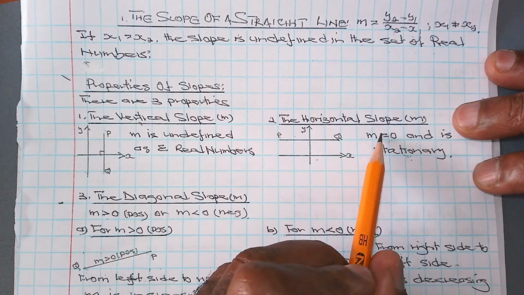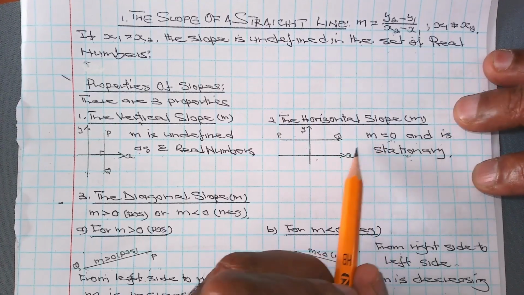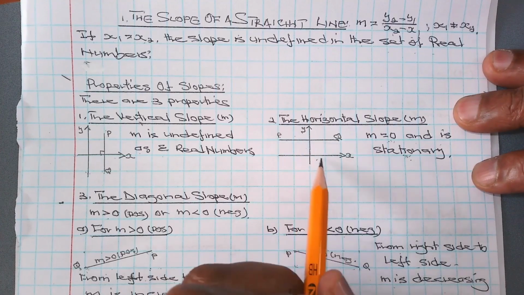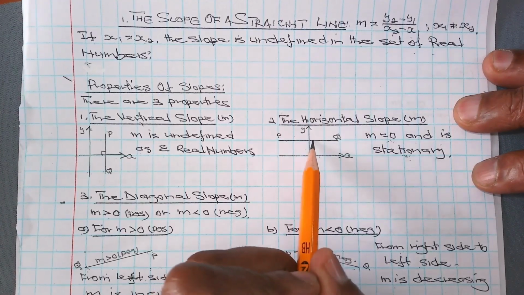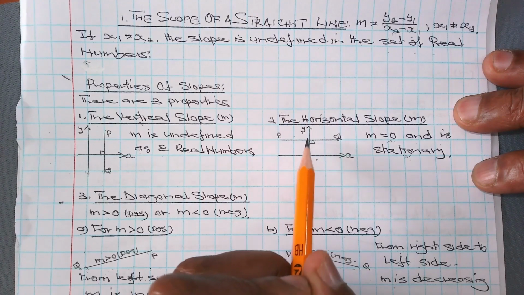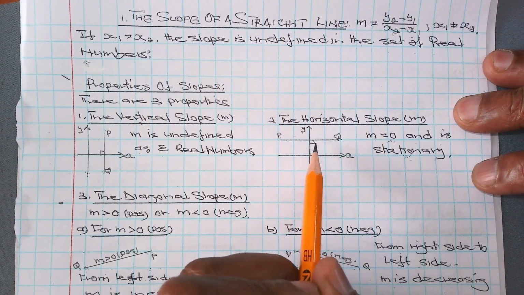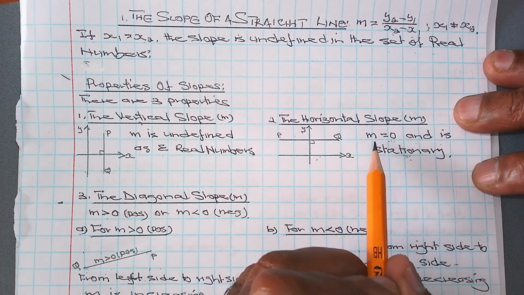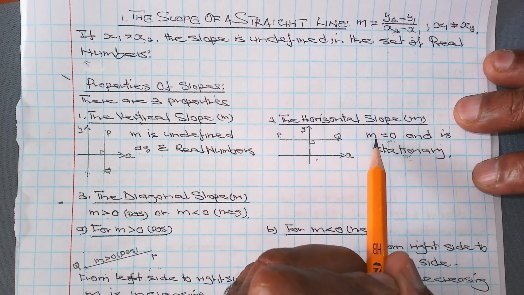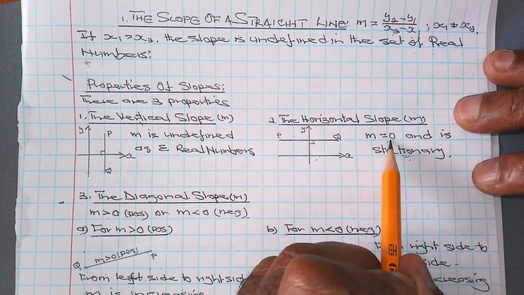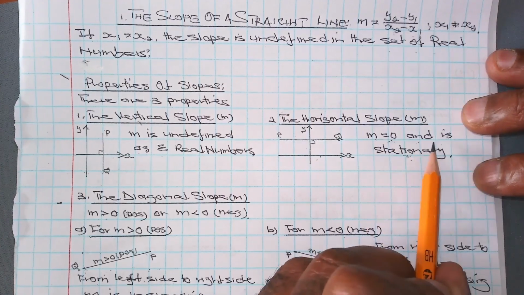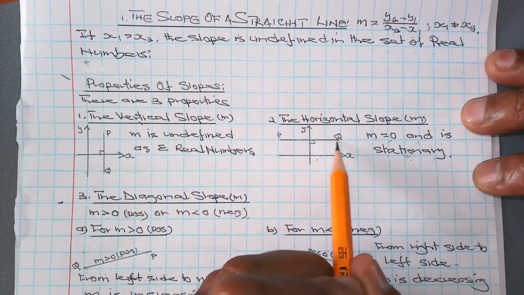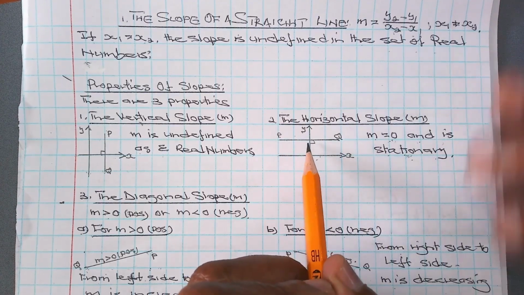The horizontal slope m. This slope is parallel to the x-axis and perpendicular to the y-axis. The slope of a horizontal line is 0. Therefore, m equals 0, and m is stationary if it is a horizontal line.